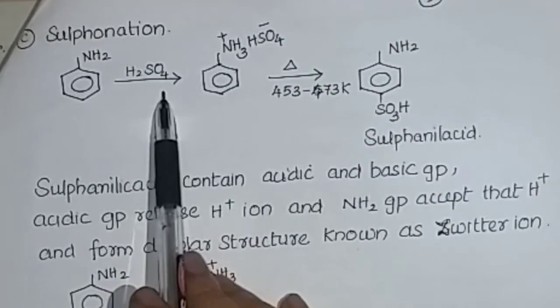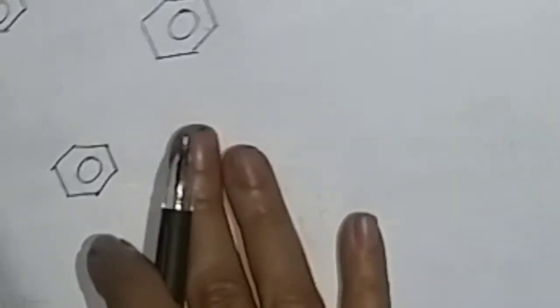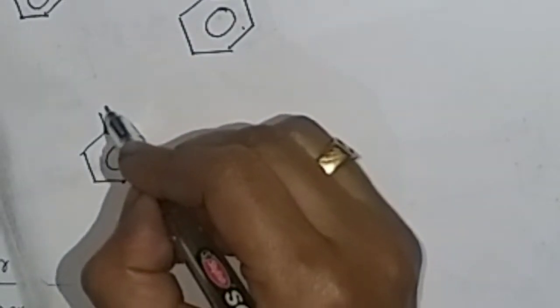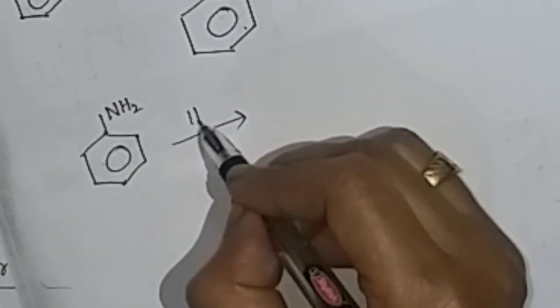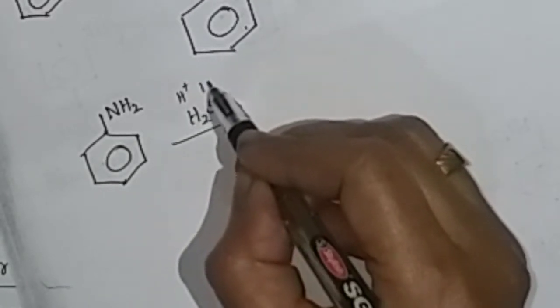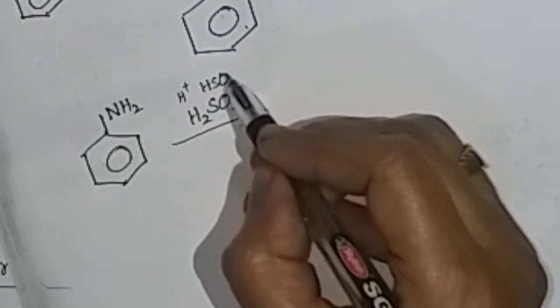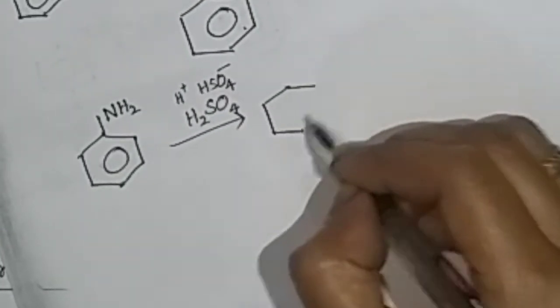The last reaction is sulfonation. Sulfonation means adding only sulfuric acid. Sulfuric acid is added to aniline, NH2. H2SO4 means H plus and HSO4 minus. At a time it releases one H plus ion, which the NH2 group accepts because it is basic in nature.